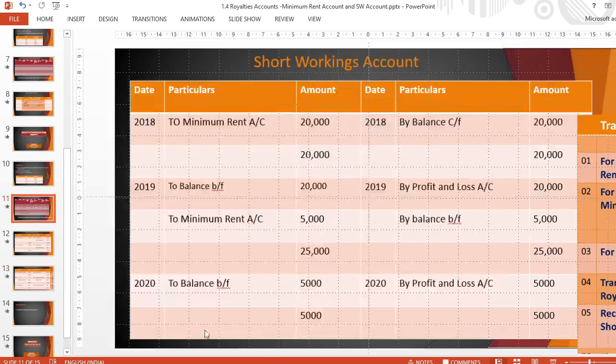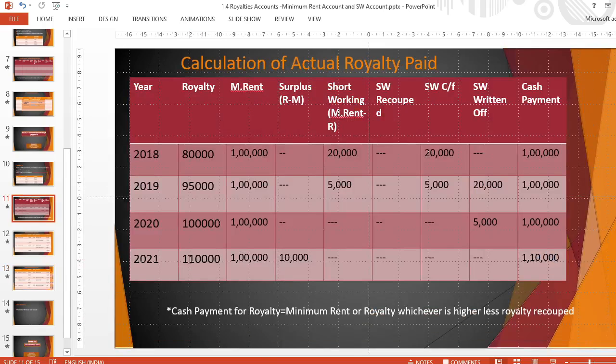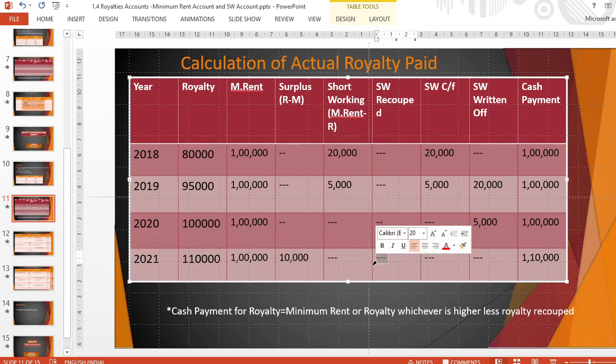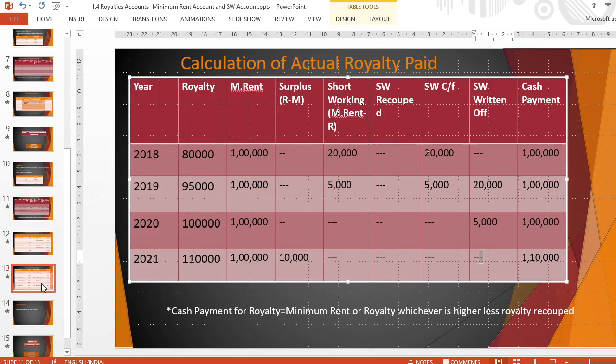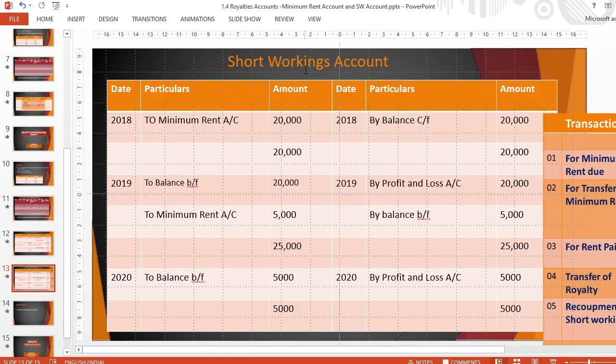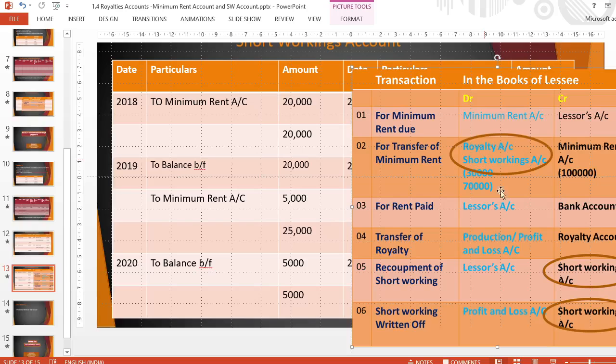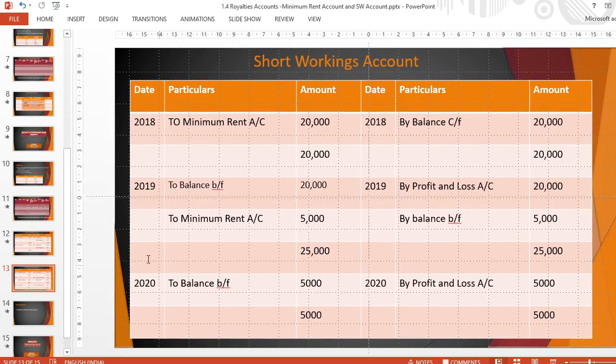And check, is there any entry for the year 2021? As far as 2021, there is no fresh short working, no short working recoupment, and no short working written off. So only for these three entries we have to pass journal entries in the books of short working, and as there is no amount for recoupment or written off, no need to pass an entry in the books of lessee for the year 2021.